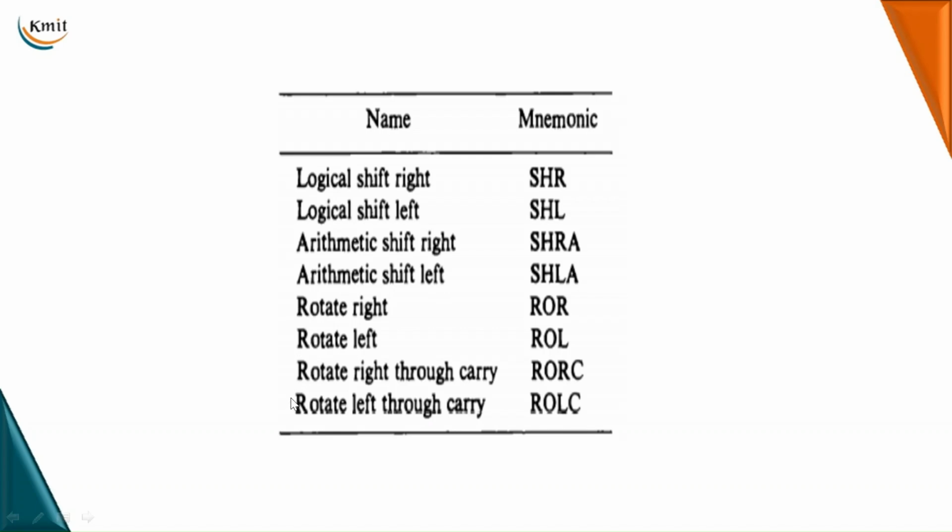In case of rotate, we have rotate right and rotate left. That is one class of rotate. The other is rotate right with carry bit and rotate left with carry. Without carry, you shift the contents of the register, and with carry, we shift the contents of a register through the carry bit. We'll see them in detail.